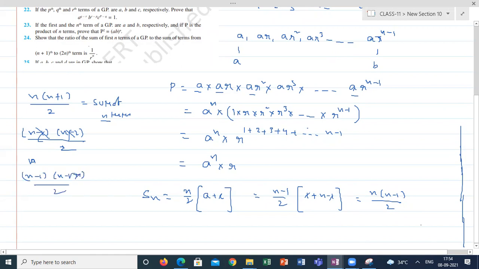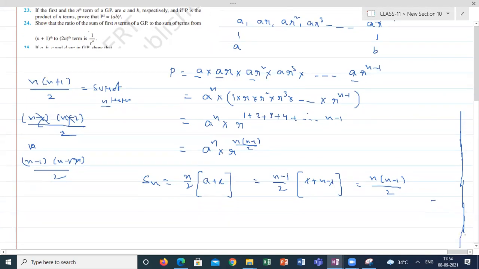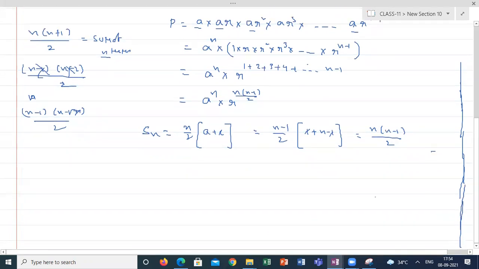So this r power is n into n minus 1 by 2. This is the product of all the terms. So P is equal to a power n, r power n into n minus 1 by 2.